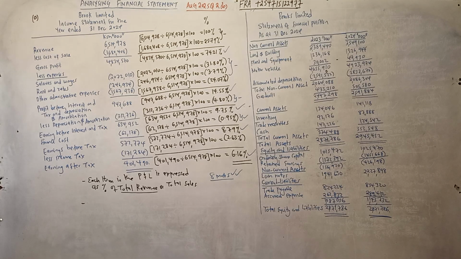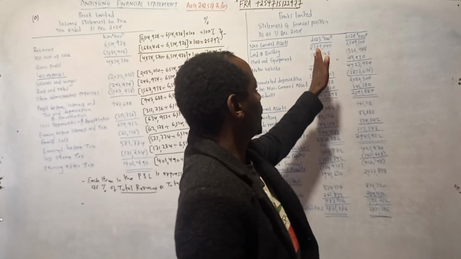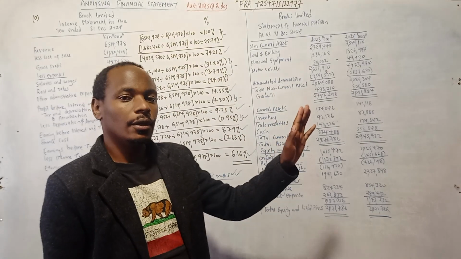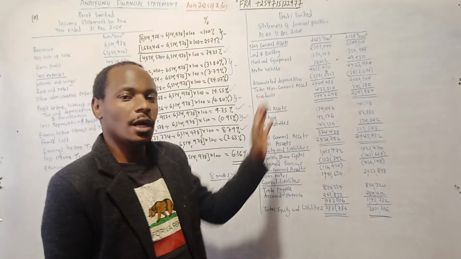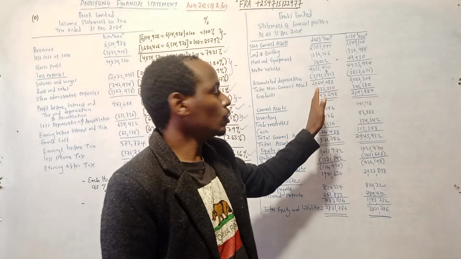Now let us do the horizontal analysis for the statement of the financial position. It is possible for us to do the horizontal analysis because we have 2 years. The base year is 2023, and then we have another year. In this case we have 2023 and 2024. 2023 is the earlier one.